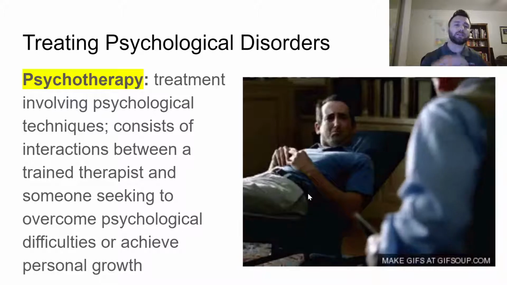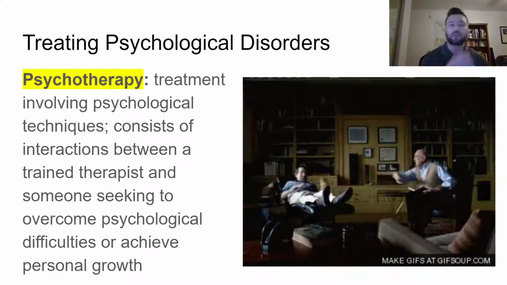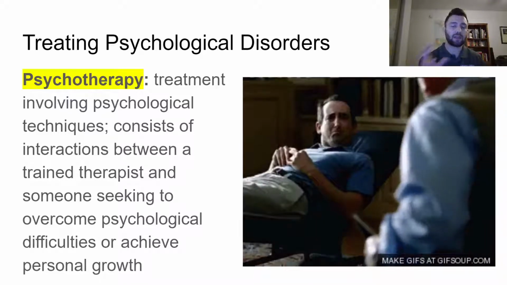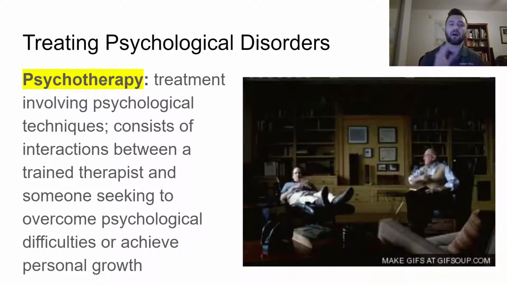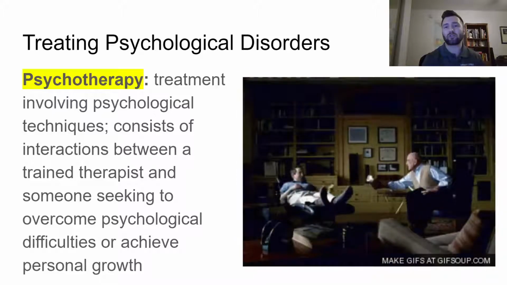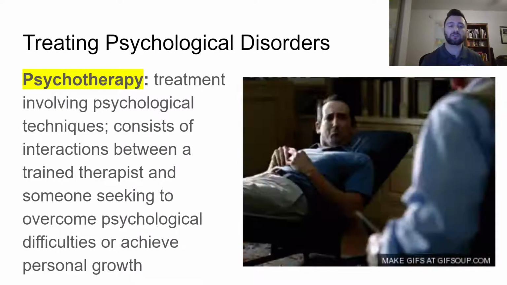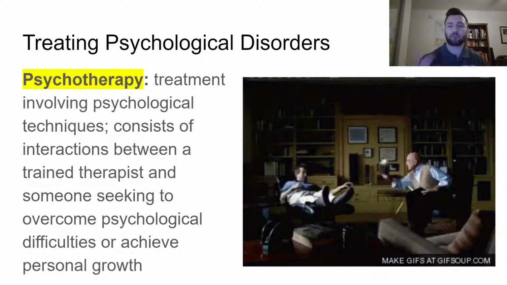The first one is psychotherapy. Psychotherapy is a treatment involving psychological techniques. That's the big defining aspect. It consists of interactions between a trained therapist and someone seeking to overcome a psychological difficulty or achieve personal growth.